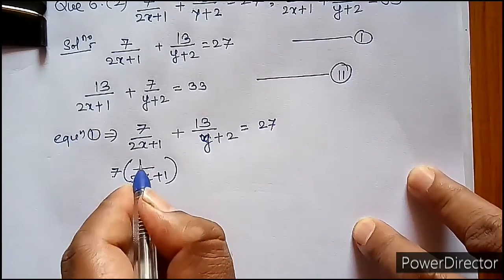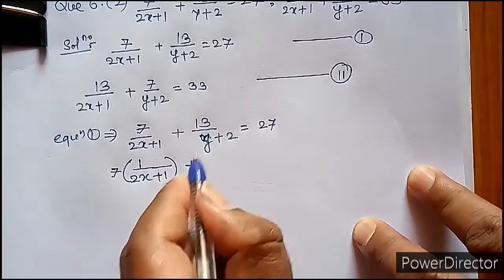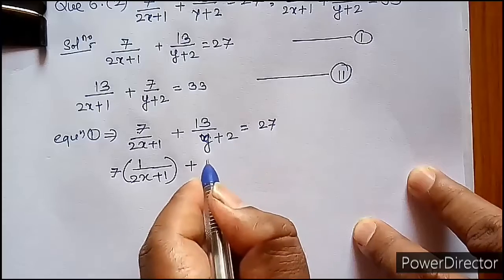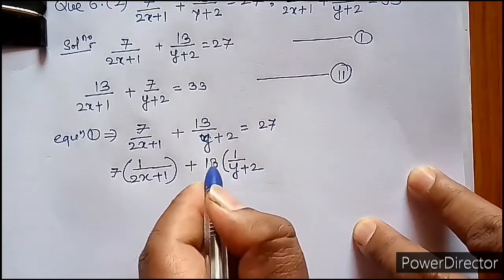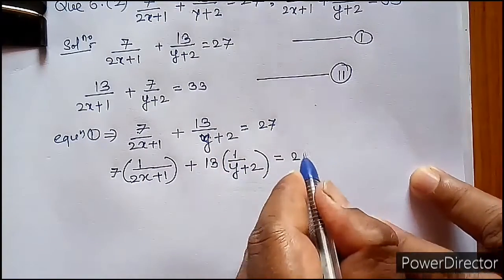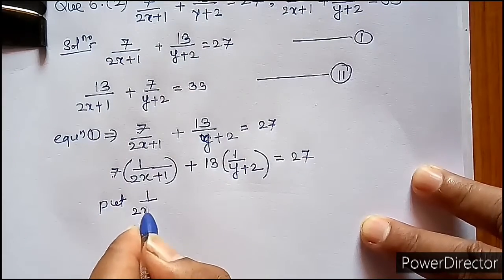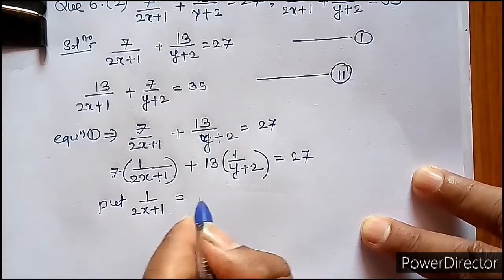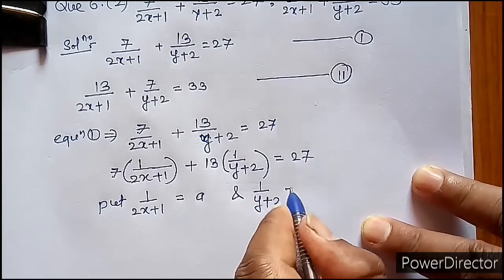Now here 7 into 1 will be 7 divided by 2x plus 1, plus 13 by y plus 2 can be written as 13 into 1 by y plus 2. Here 13 into 1 will be 13. Here 27.